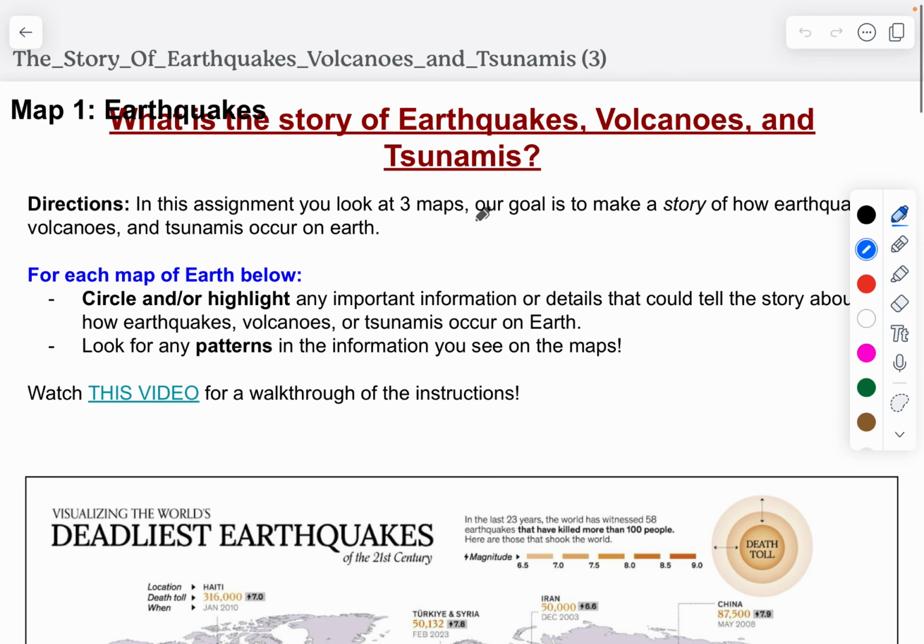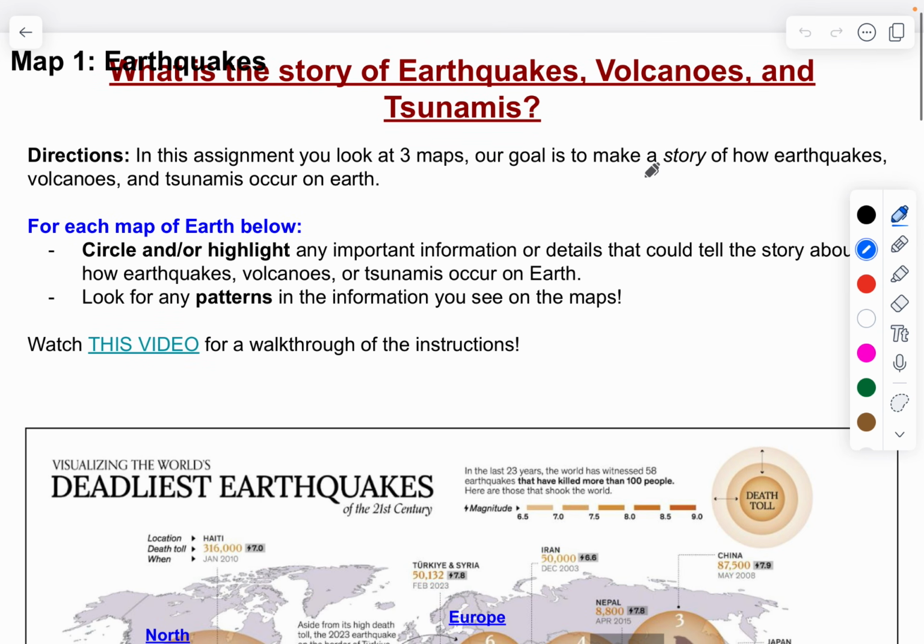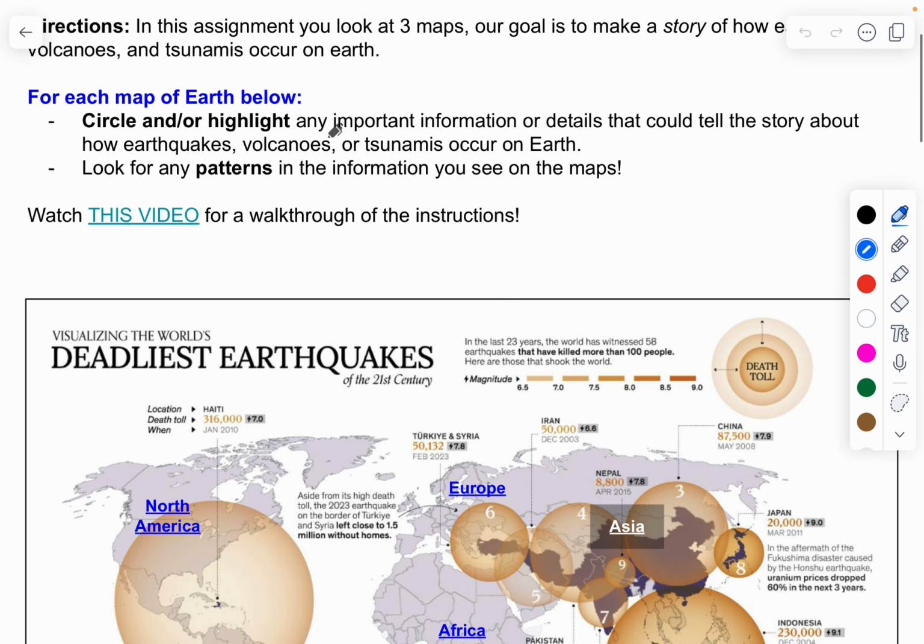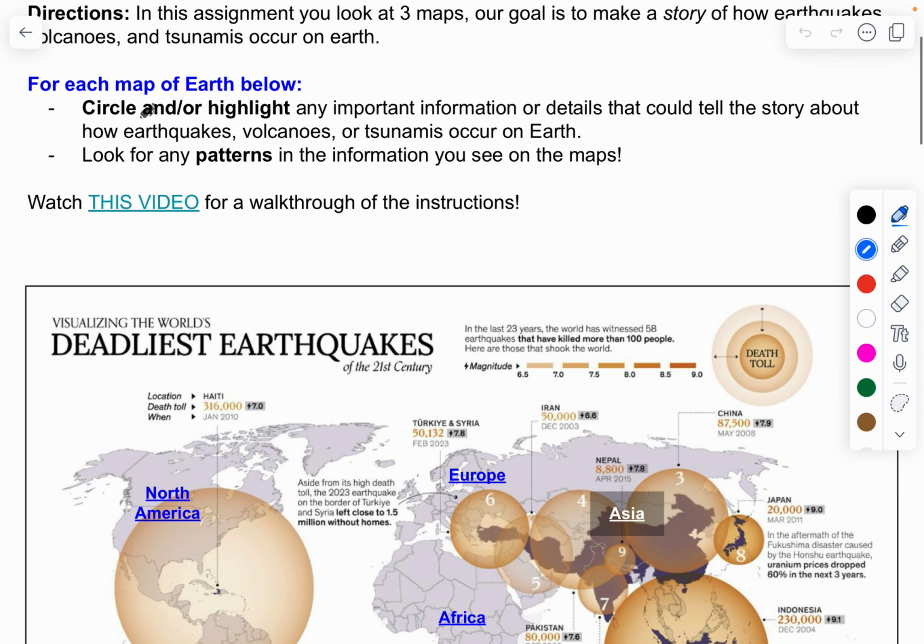If you read the instructions, it says to look at the 3 maps, and our goal is to make a story to understand how earthquakes, volcanoes, and tsunamis occur on Earth and how they're related. It says specifically to circle and/or highlight any important information or details that could tell the story about how earthquakes, volcanoes, or tsunamis occur on Earth.